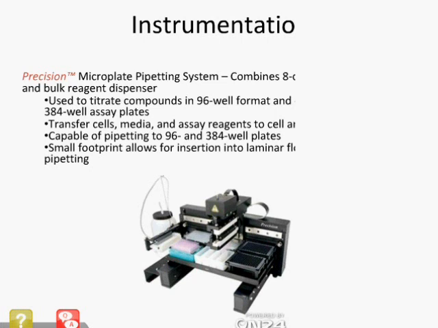And then also for low to medium throughput applications, the instrument can also be used to dispense cells, media, and other assay reagents. The reason why it can do this is because the instrument has a small footprint, which allows it to be put into existing laminar flow hoods, which allows for easy sterile manipulations with the use of sterile disposable tips.